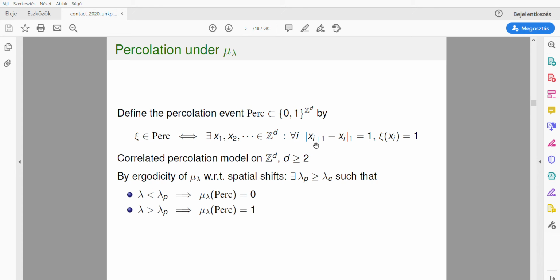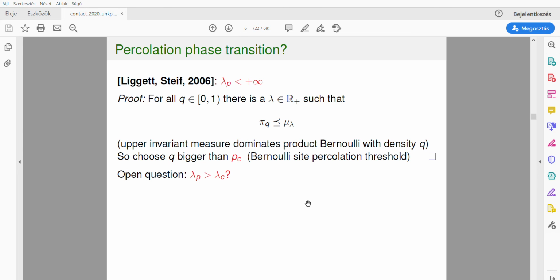And if lambda is bigger than lambda c, then there is a non-trivial upper invariant measure. And of course the percolation threshold, the lowest value of lambda above which you have percolation, is a different threshold. And the question is, are these two thresholds different?